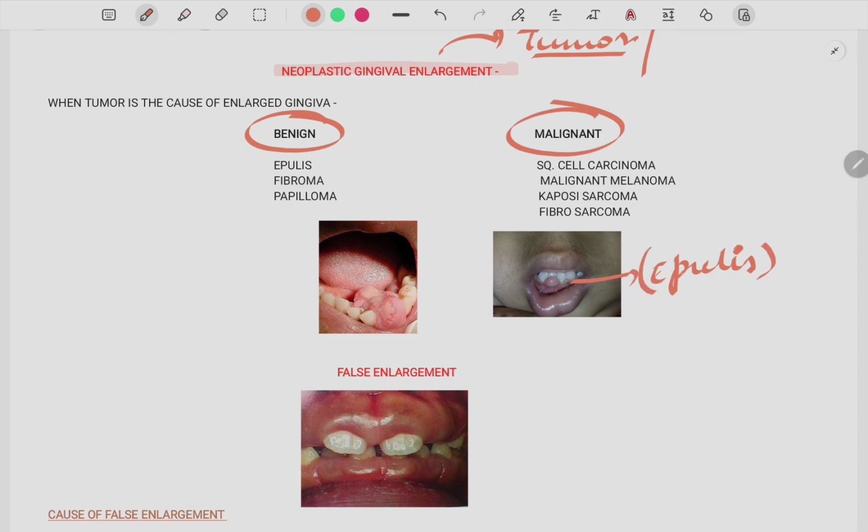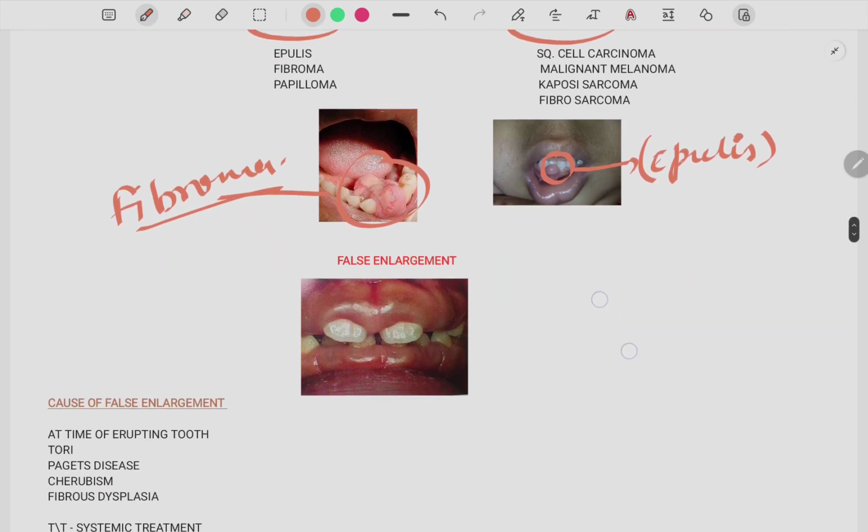It very much appears as a gingival enlargement, but it is localized. At the same time, there is certain malignancy or certain kind of neoplastic growth which is happening. In this image, you can see that fibroma could be another type of gingival enlargement which is related to the neoplastic gingival enlargement.